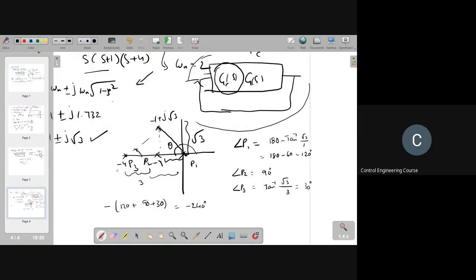So the angle deficiency phi is equal to minus 180 minus minus 240 degrees, that is 60 degrees. Whatever the compensator, K into (s plus z_c) by (s plus p_c), should contribute this much angle. This is telling two things. One is, if the angle deficiency is 0, that means proportional control is enough. Since this angle is not equal to 0, that means we have to go for a compensator.